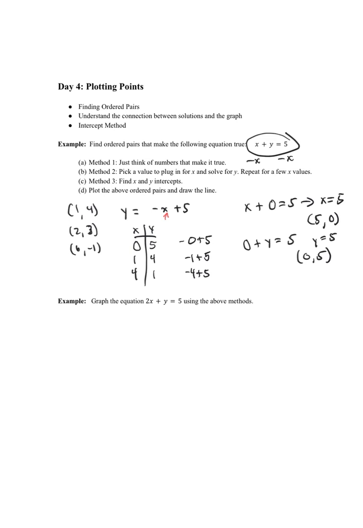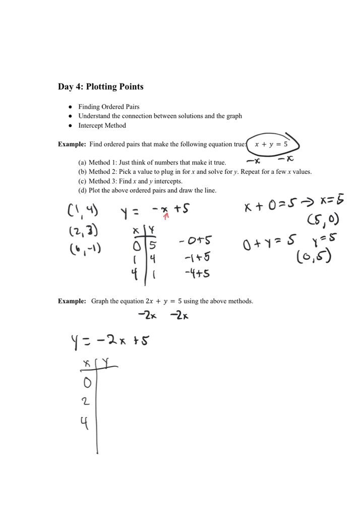So let's try one that's a little bit trickier, because this time it's 2x plus y equals 5. That's a little harder to do by just thinking of numbers. So let's do one of those methods where we get y by itself. Take away 2x from both sides. That gives us the equation y equals -2x plus 5. If I pick some x values to plug in, 0, 2, 4, you can pick whatever you want here, especially with whole numbers.